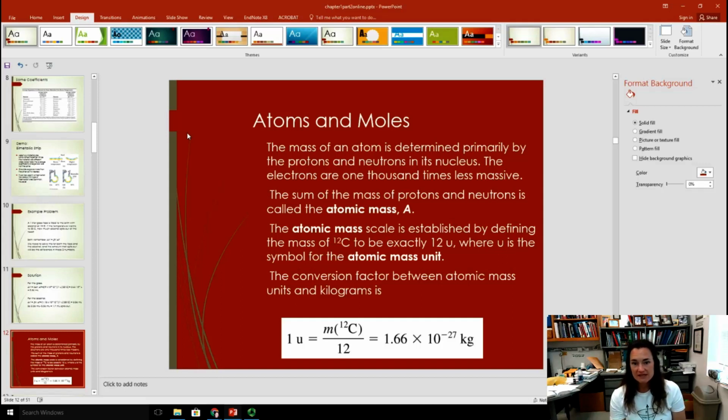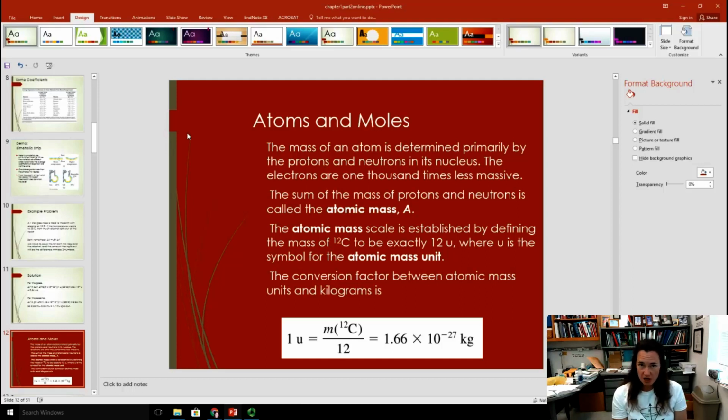Now, our atomic mass scale has been established by defining the mass of a carbon-12 atom to be exactly 12 atomic mass units. I often abbreviate atomic mass unit as U, but sometimes it's abbreviated as AMU in some textbooks. So I'm going to use U for the symbol of atomic mass unit.